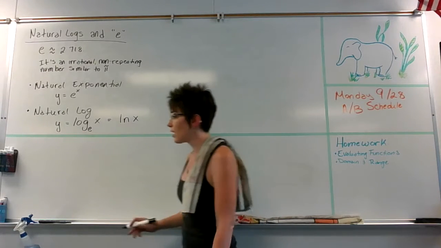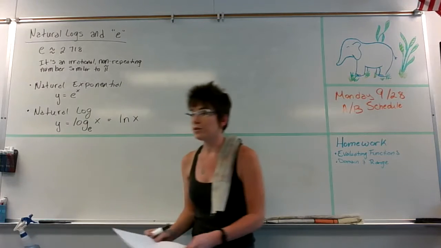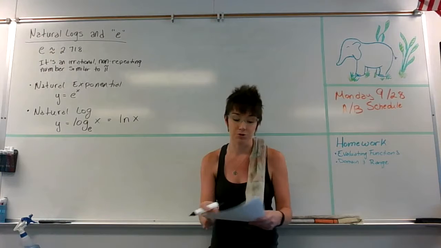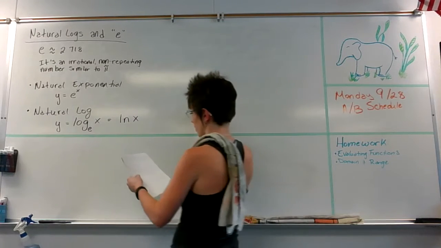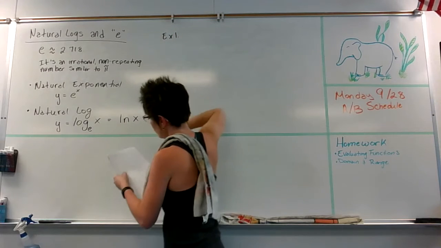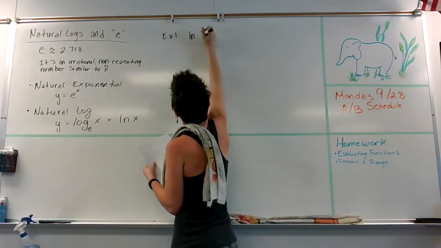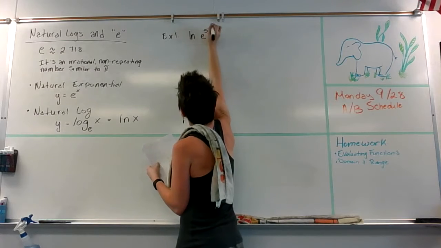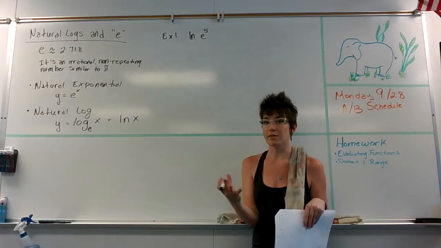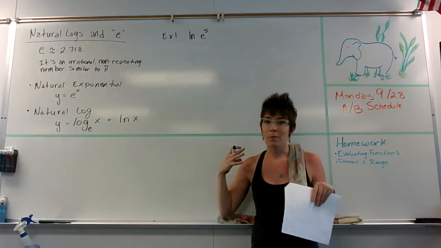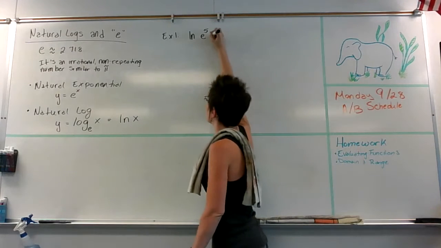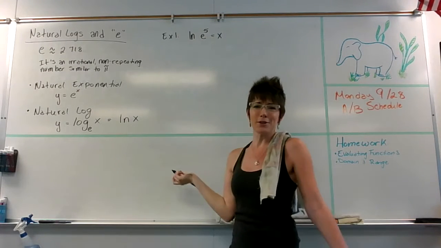Okay, so now let's do a couple of example problems where we're using the natural exponential function and a natural log. The first one we're going to look at would be evaluating ln of e to the fifth power. If I want to understand what the natural log of e to the fifth power is, and I'm not entirely sure what this is equal to, I set it equal to x, and then I use my knowledge of logarithms.